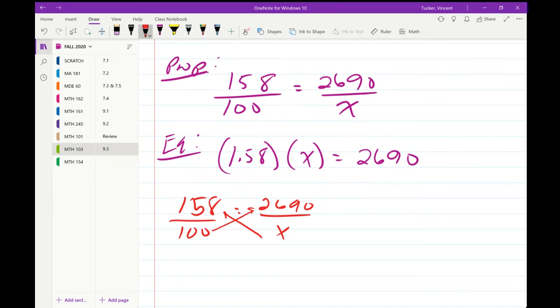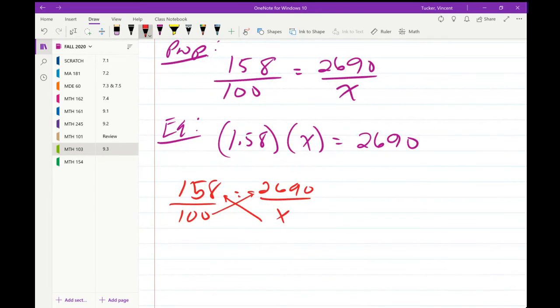So if we have our proportion, we'll cross multiply. 158x equals 100 times 2690, which is 269, add 3 zeros in the back.